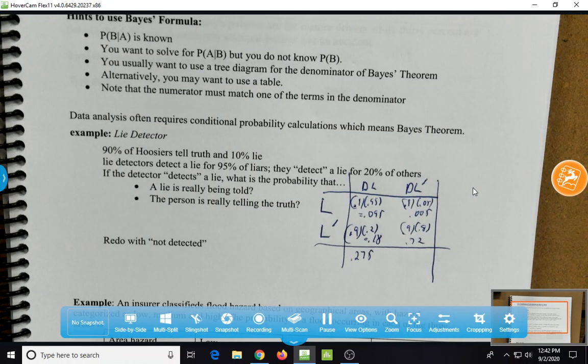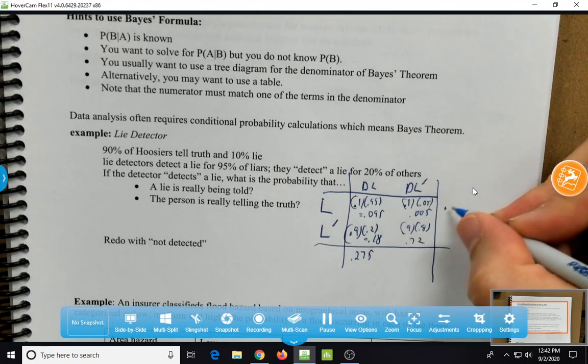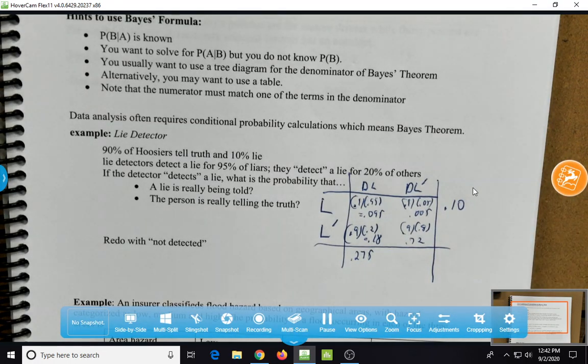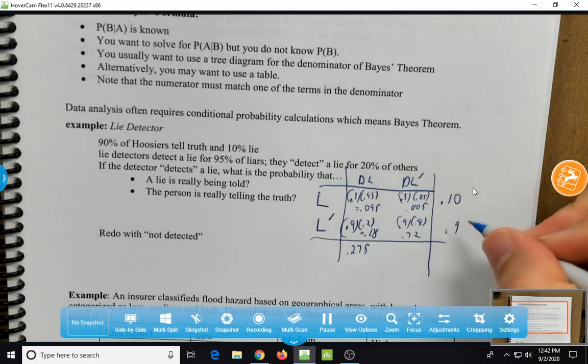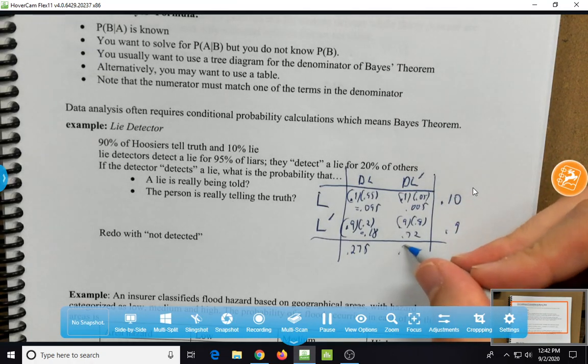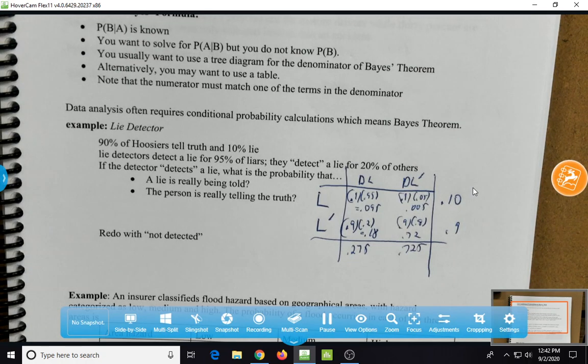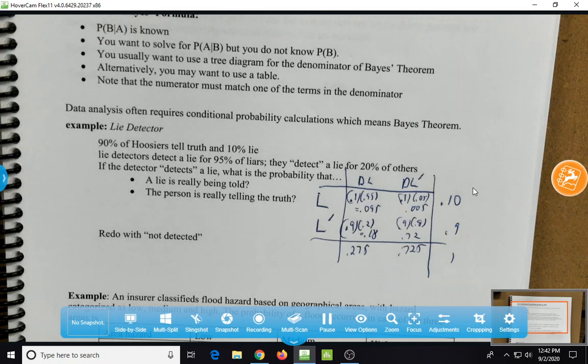So now let's figure out how many people are liars. Add these two together, you get 0.10, which is good because that's what we said. And if I add 0.18 to 0.72, I get 0.9. And if I go down, I get 0.725. If I add these two together, I get 1, which is good because that should be the totality.